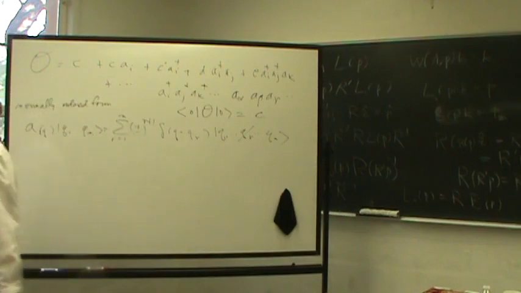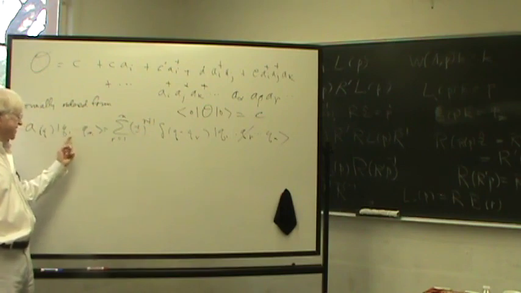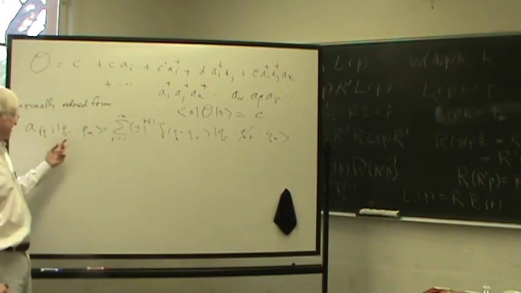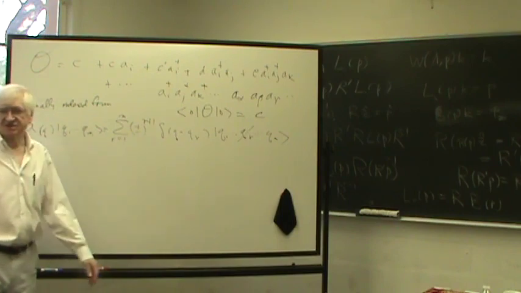So what the annihilation operator does is it subtracts the state. It looks in this thing: if any of the q's match q, it takes it out and leaves the others. If it can't find anything that matches it, it just maps the state to 0.